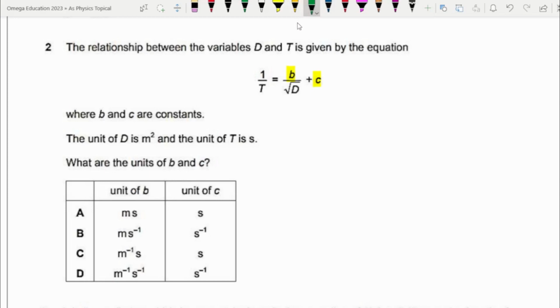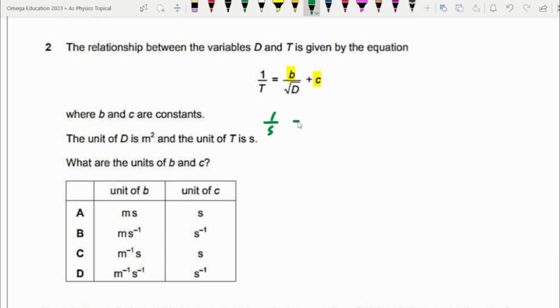So what do we do in these kinds of questions? We need to find the units of B and C. We insert the units into the equation. We use the principle of homogeneity of equations and from there we can find the unknown units. So I'm going to insert the unit of T. It would be 1 over S because the unit of T is second.